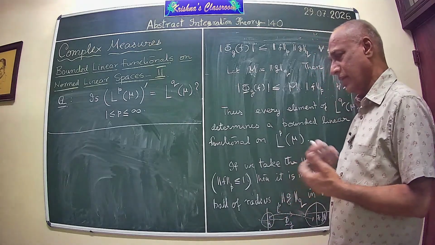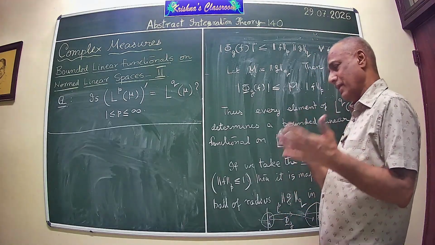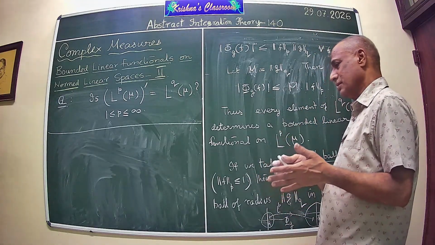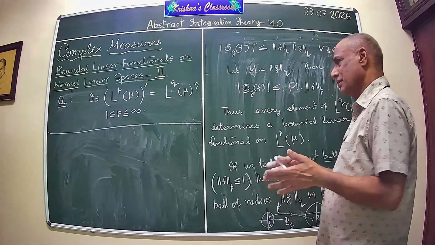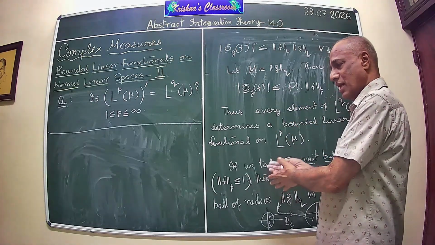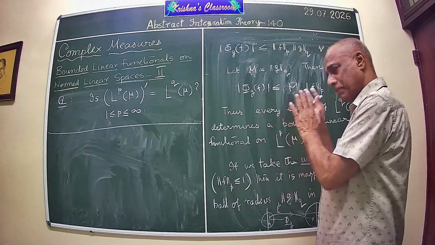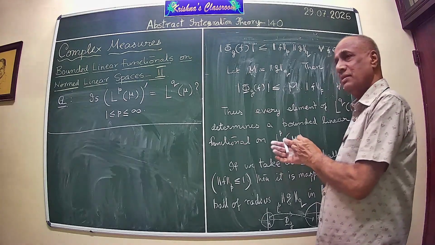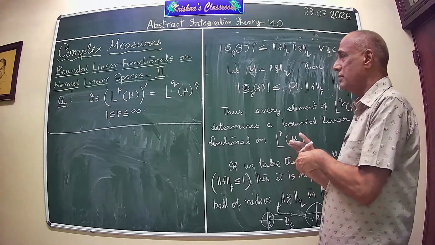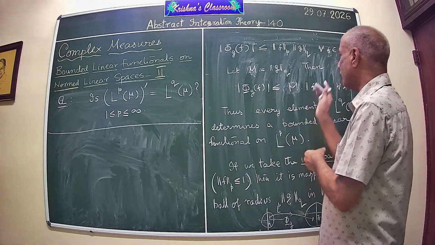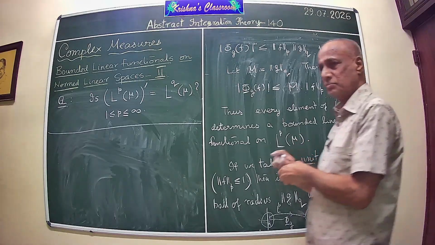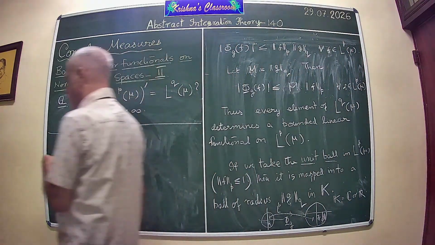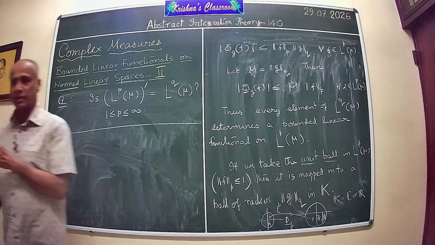If you are endowing Rn with the P metric, then Rn prime, that is the dual of that, will have the metric given by the Q metric. That is not very relevant because we are working in finite dimensional spaces.